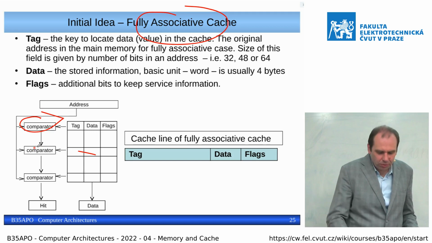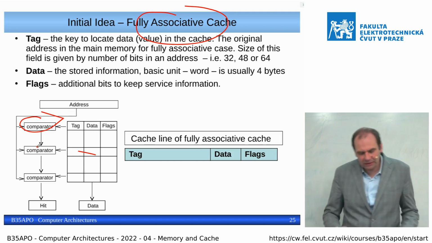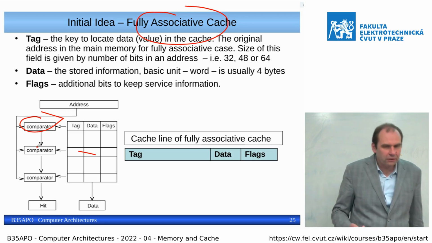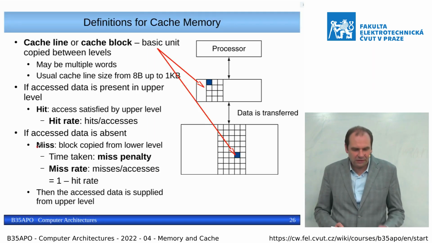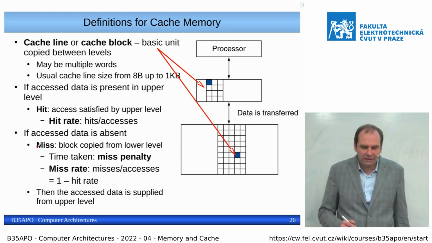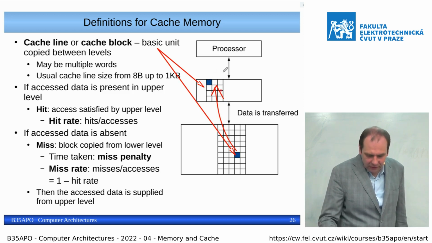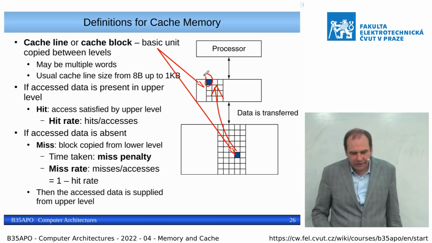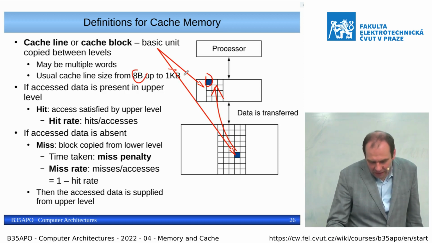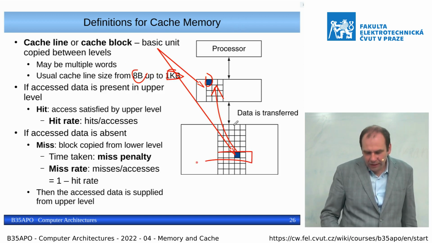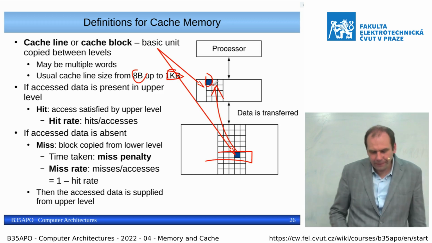It is possible to have a lower number of comparators, but in this case we would need to go sequentially through the rows one after another, and it would again be slow. So this is expensive. And we transfer data on a block basis. If there is a miss, then we copy a whole block, usually from 8 bytes up to 1 kilobyte, from the slower and bigger memory to the cache.